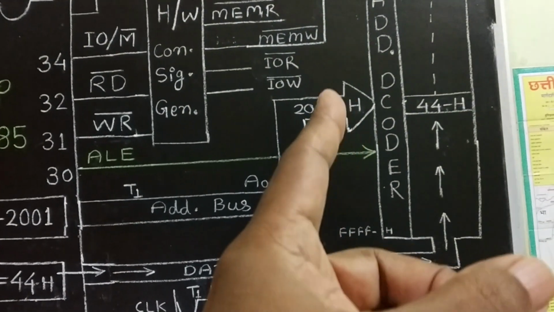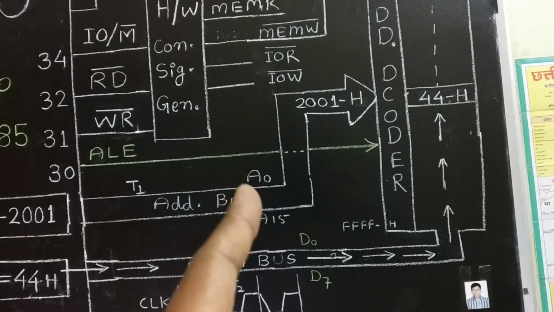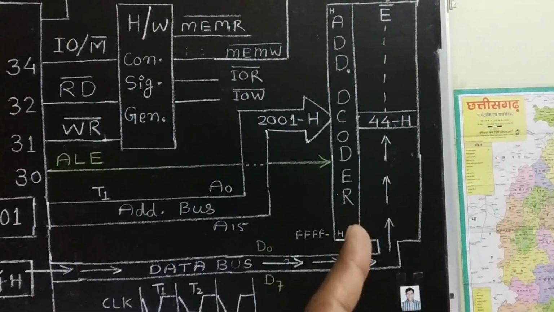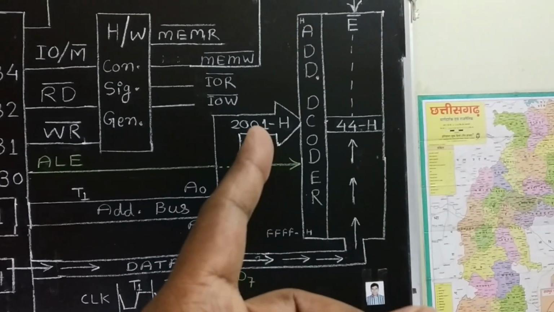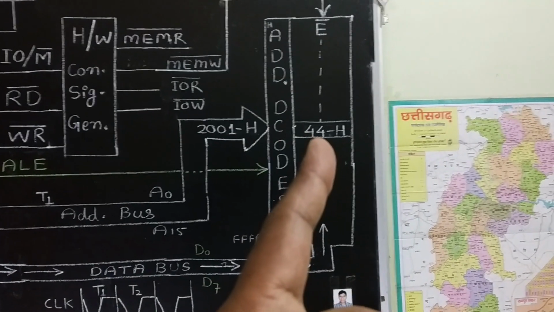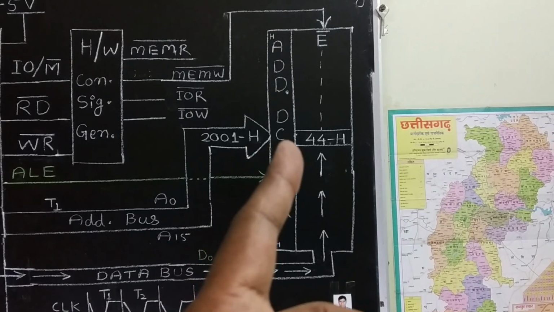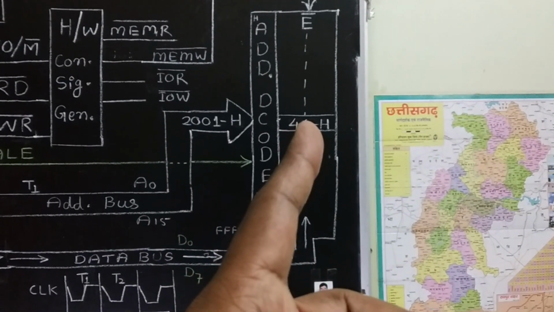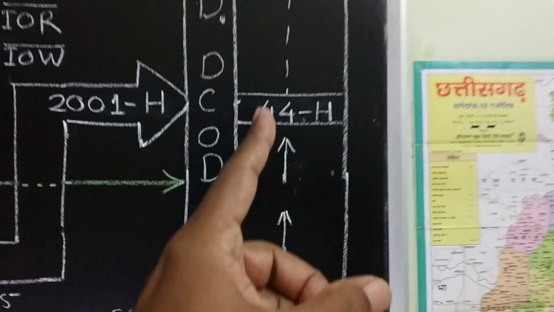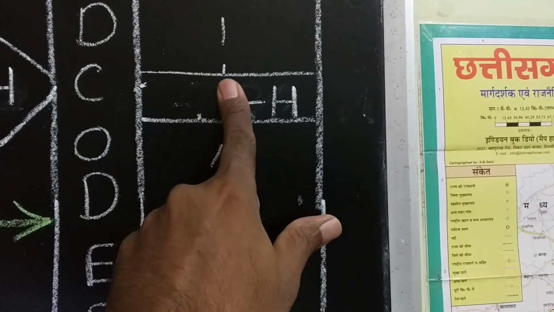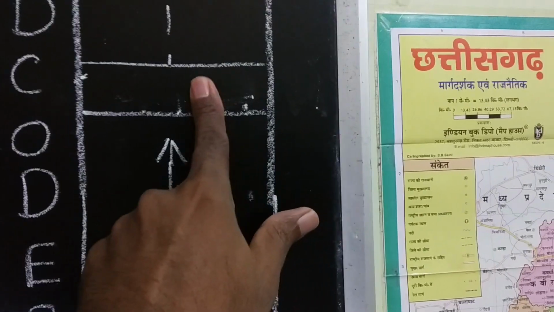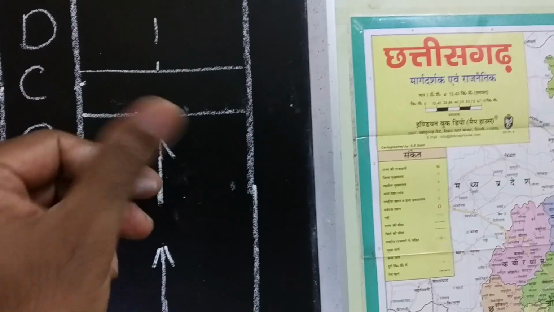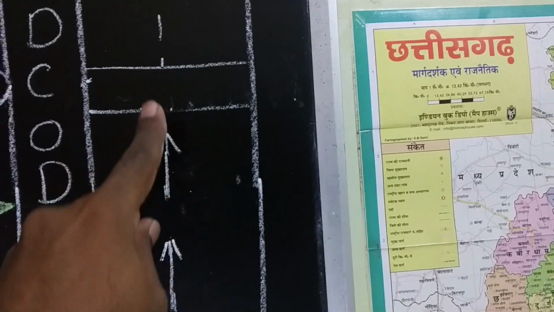This address bus is 16 wires, A0 to A15, connected to the address decoder, and thus memory location 2001H is activated. At this time the content is whatever the previous content of the memory was.